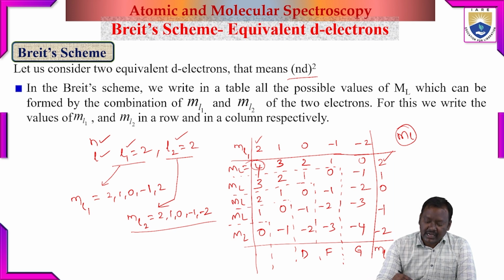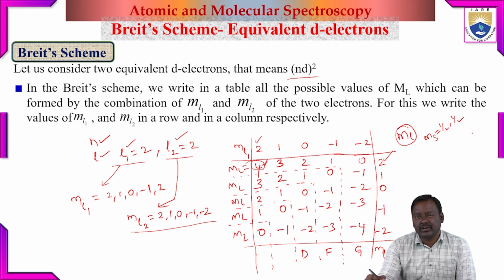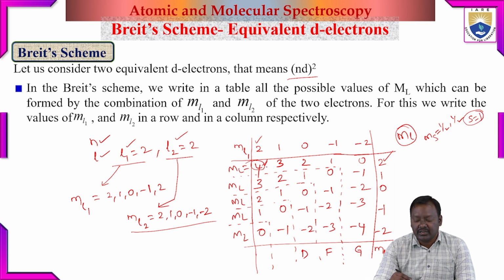So this value should not be considered when ms is 1 by 2 and 1 by 2 for the two electrons. Whenever s equal to 1, we should not consider this value.